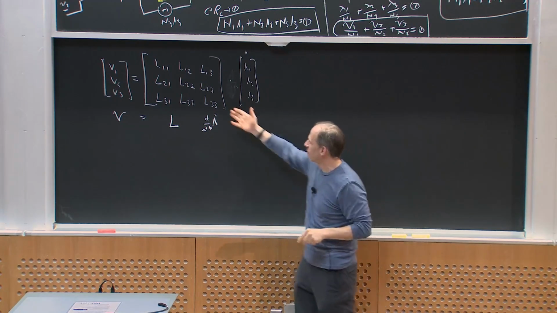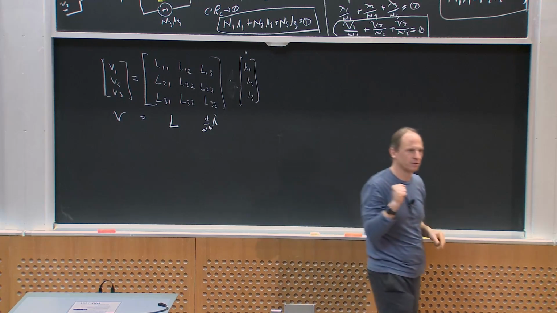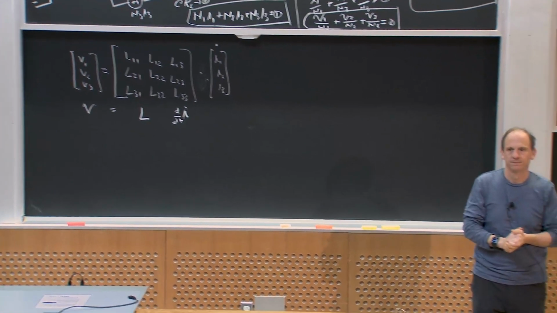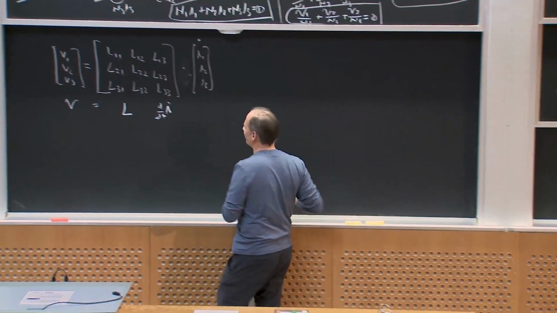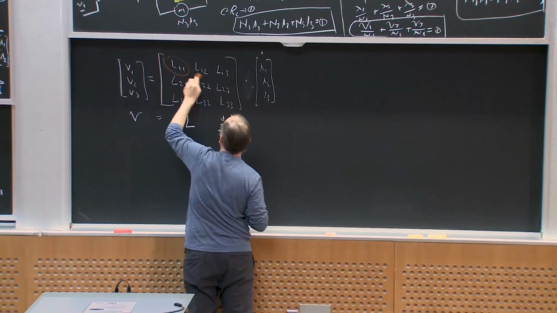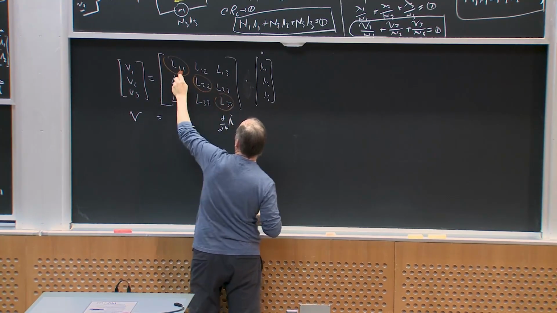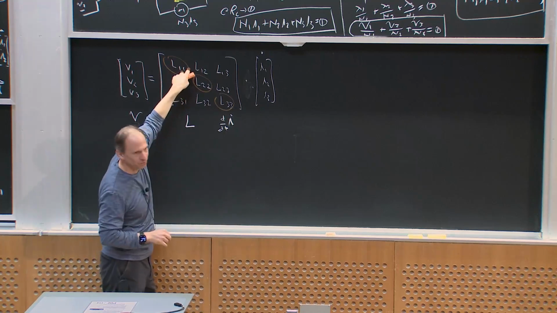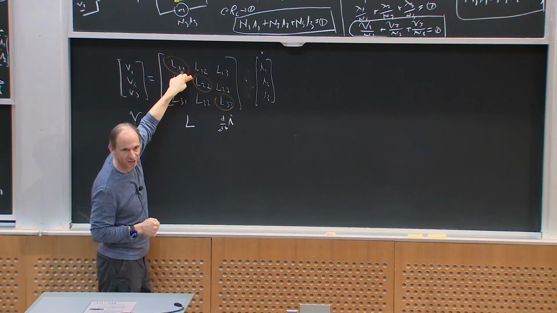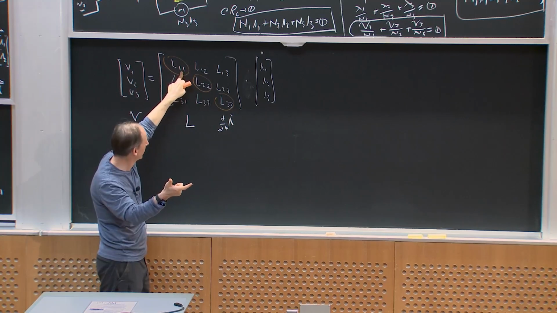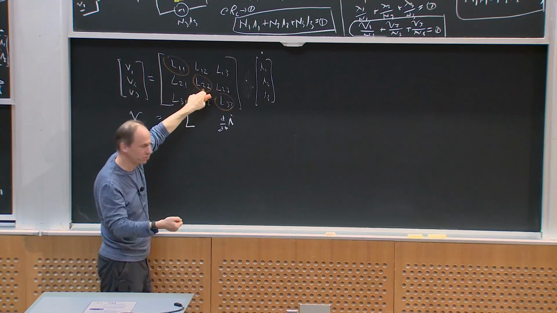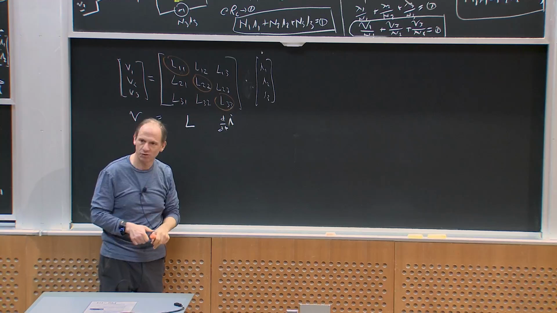How many independent parameters do I have in this structure? 6, yes. Right? I have my 3 self-inductances. This is the inductance at port 1 with nothing else connected to it. So I just measured it like it was an inductor from one port with everything else open circuited. I get L11. Same thing for measuring L22, and the same thing for port 3.